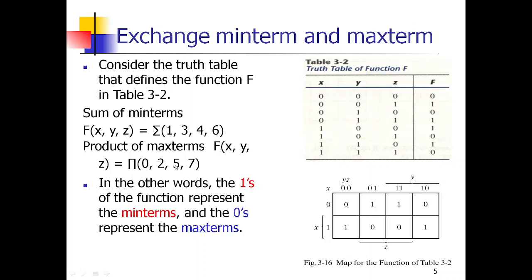In other words, we have to represent ones in the K-map if it is minterms, and for max terms we have to represent zeros. This is the thing which we discussed in the previous slide itself.